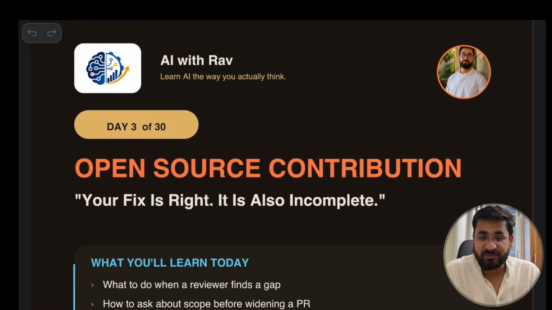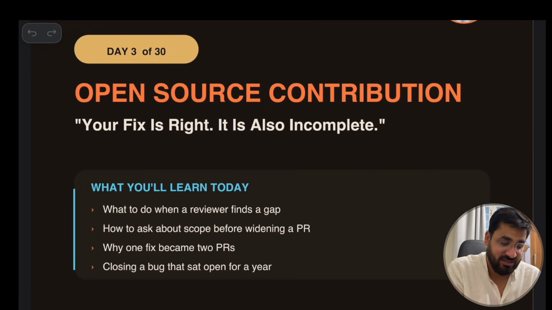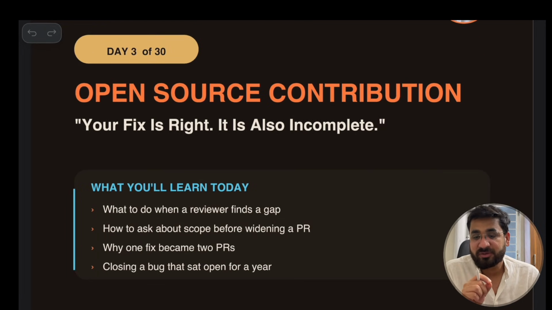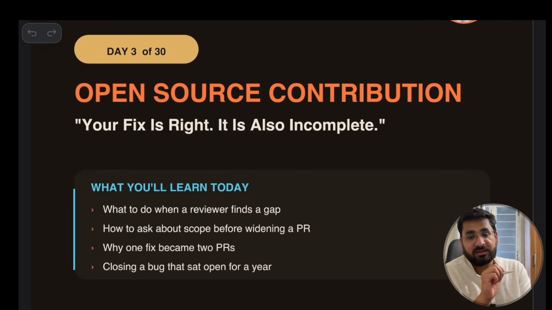This is my third contribution, and it is called: your fix is right, and it is also incomplete. See, this is really interesting, how one open source fix leads to another. So what is the learning that I have?